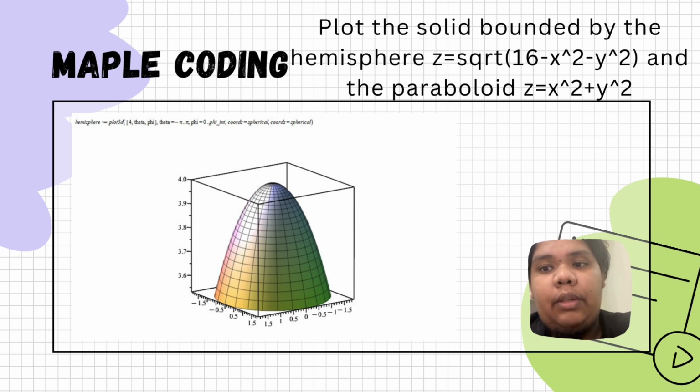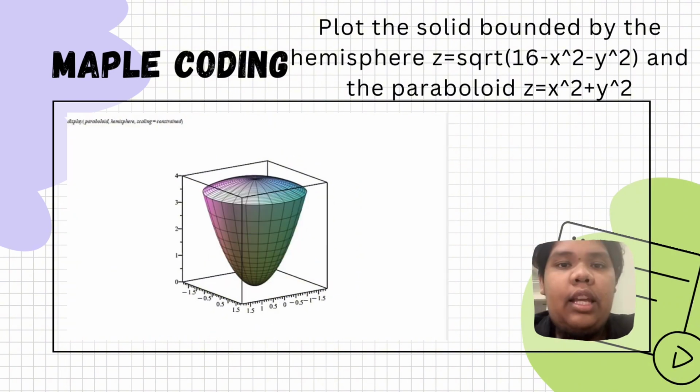And with that, we get this shape. It's the same as our previous shape, just different orientation. Lastly, after we find all the 3 shapes that we needed, we can display our final shape, which is display paraboloid, hemisphere, where scaling equal to constrained, and we get these beautiful shapes.